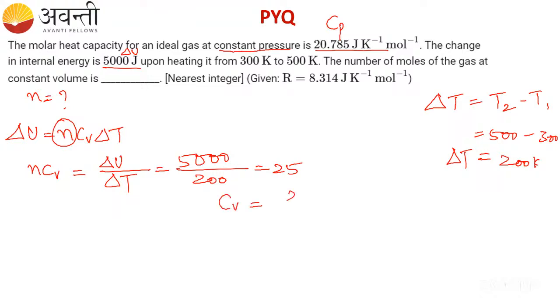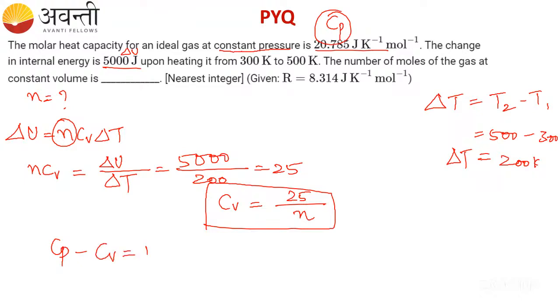From this, Cv is equal to 25 divided by N. So this is the value of Cv, and also we have the value of Cp. We know that Cp minus Cv is equal to R. Here Cp is 20.785 and Cv is 25 divided by N, and R is 8.314.